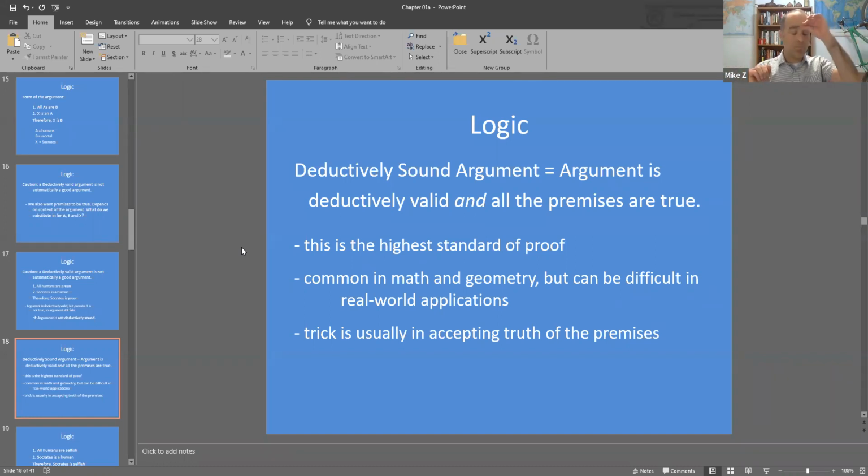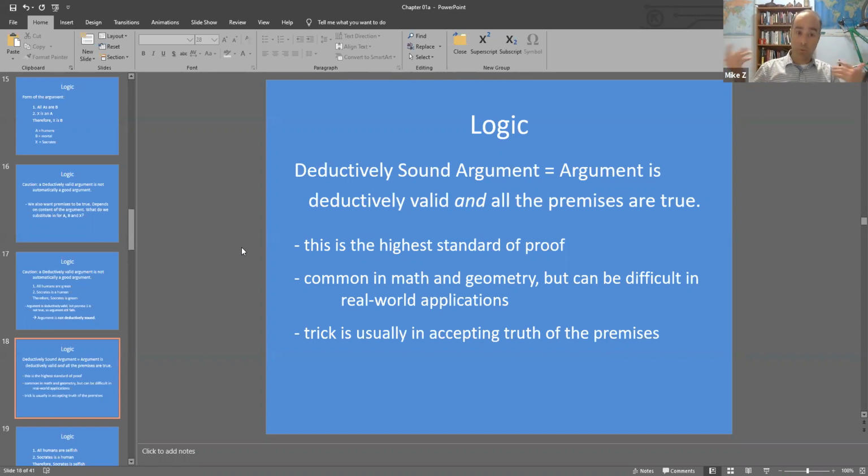Even that one about Socrates being mortal, that first premise, we accept as being true. I think it is true, but we would need to have some evidence. We would need another set of arguments to convince us that that first premise is true. And that's for a very simple one, like Socrates is mortal.